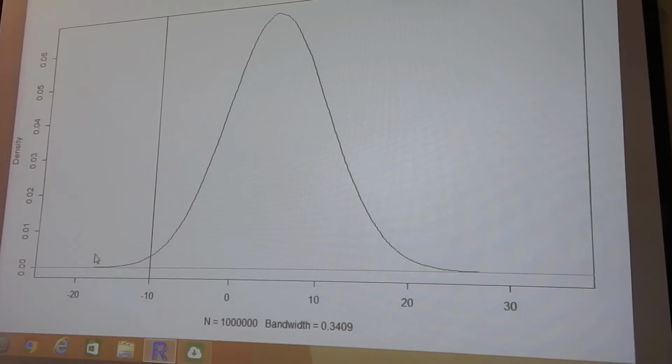How much of the area of the curve is to the left of -10? If I think of the area of the entire curve as 1, then let me find out the area to the left of -10.